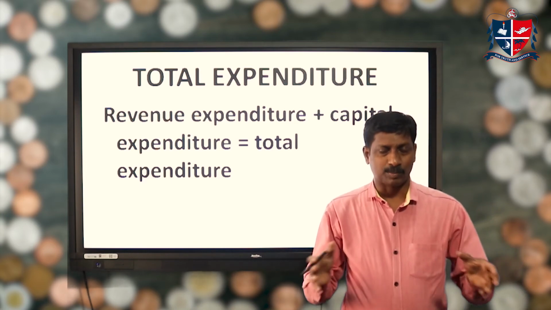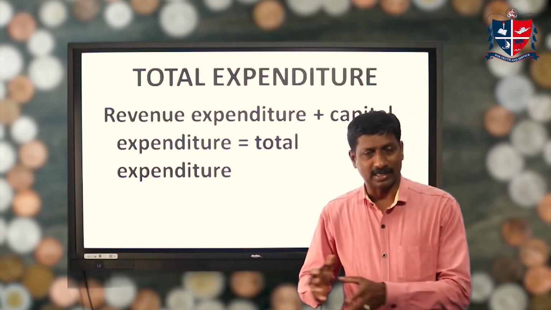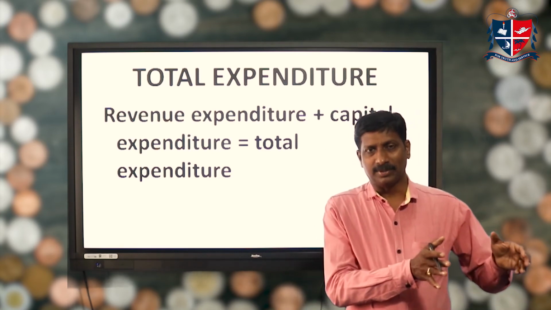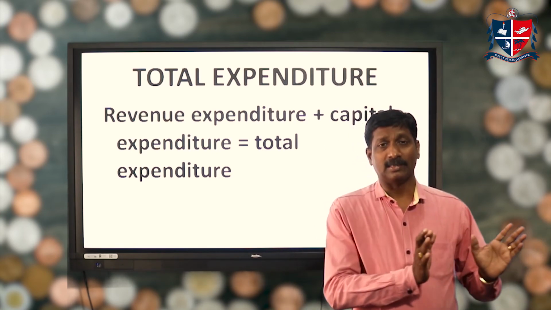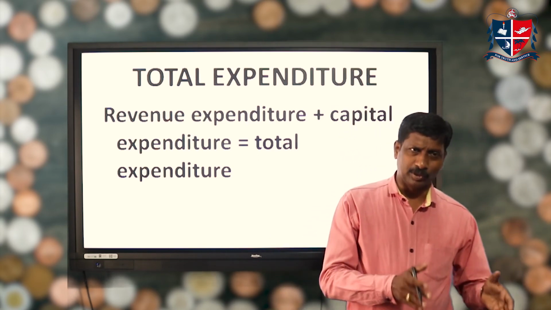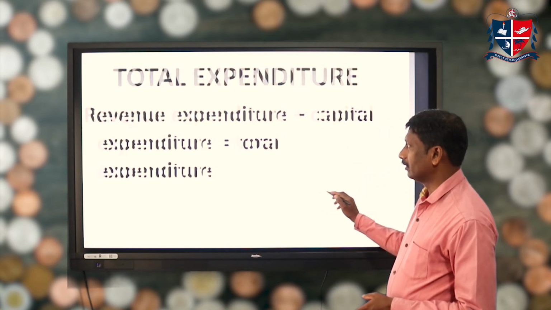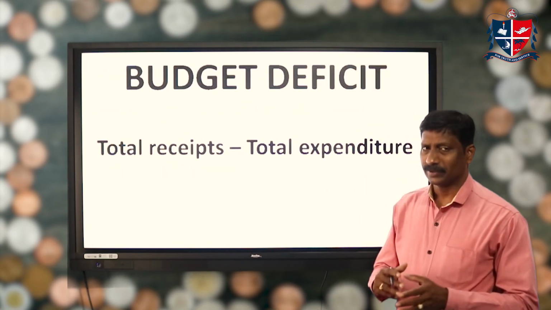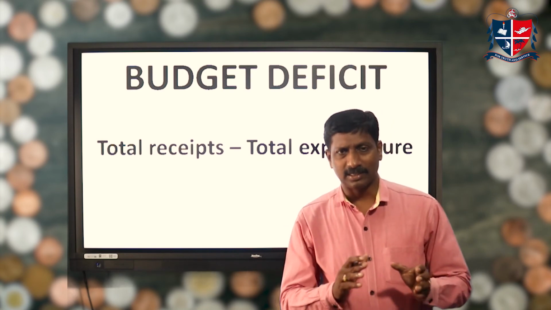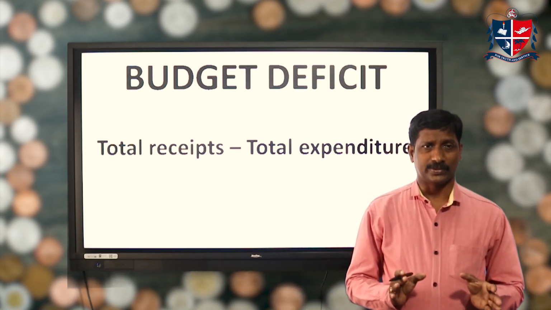So in the explanation of budget, we talked about receipts and expenditure. Receipts can be revenue receipts and capital receipts. Expenditure can be revenue expenditure and capital expenditure. The difference between total receipts and total expenditure is termed as budget deficit.